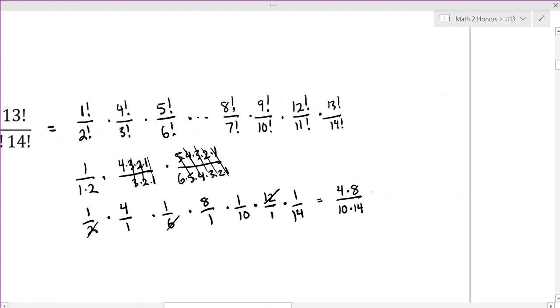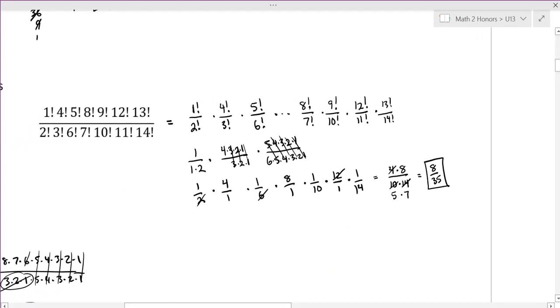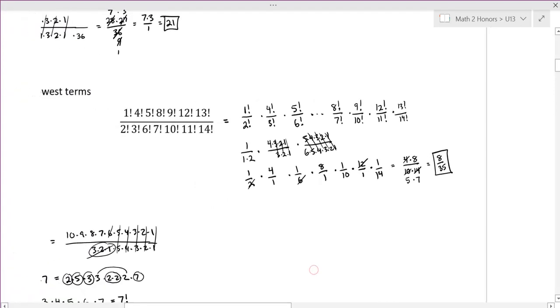And continue to reduce. I could divide by 4 and take a 2 out of the 10 and take a 2 out of the 14. And we're left with 8 over 35. And that is about all we can do. And that is our answer. So just got to work through that, reduce, and we got it.